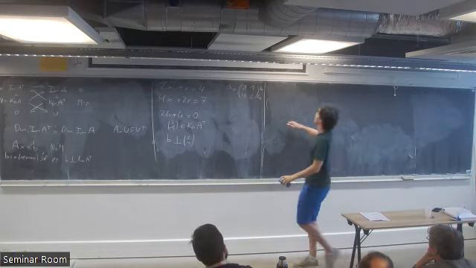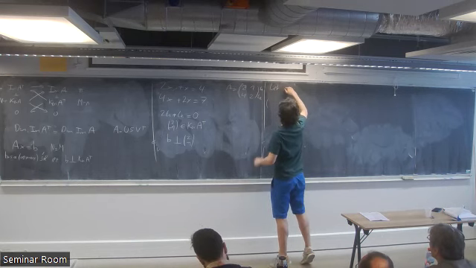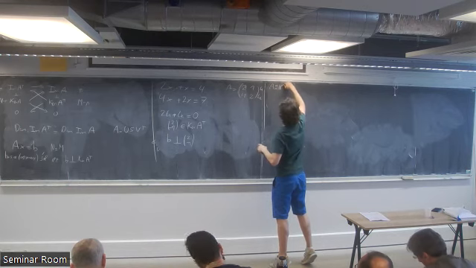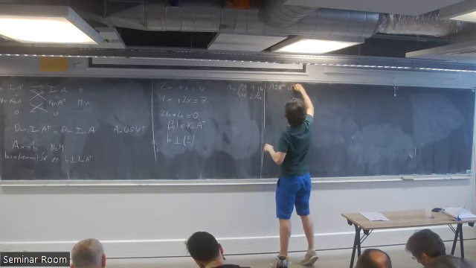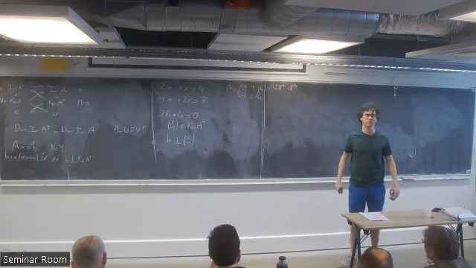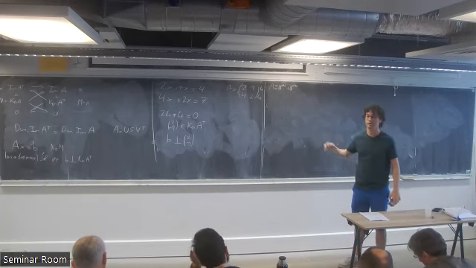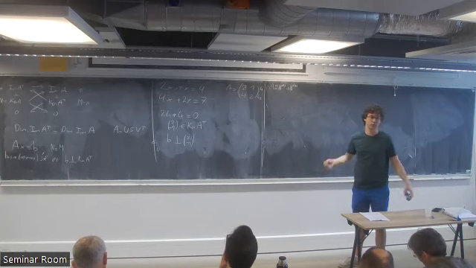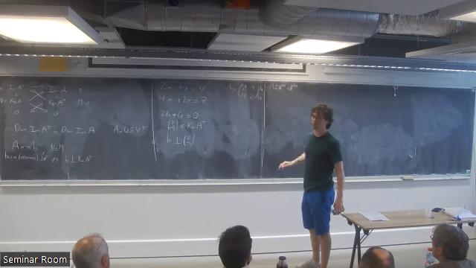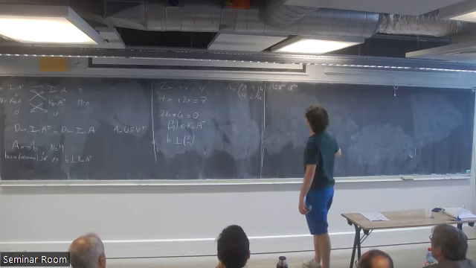So A again is from Rn to Rn. I will be working on a real vector space just to make my life simpler, but it's the same for complex. If you do quantum stuff, you don't need me to tell you that, you already know.